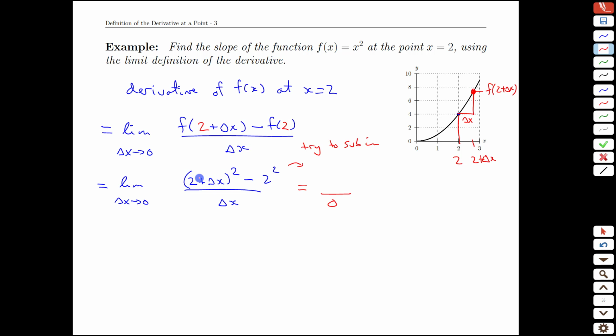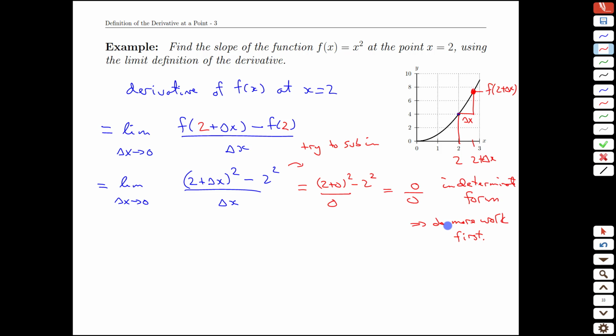But fortunately on the top, we actually end up at 2 plus 0 squared minus 2 squared, and that is 0 over 0. We know the value doesn't exist at 0, but we don't know whether the limit exists because this form is one of those indeterminate forms, which again means that we need to do more work first.